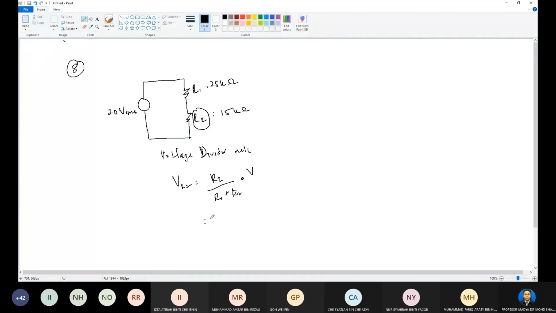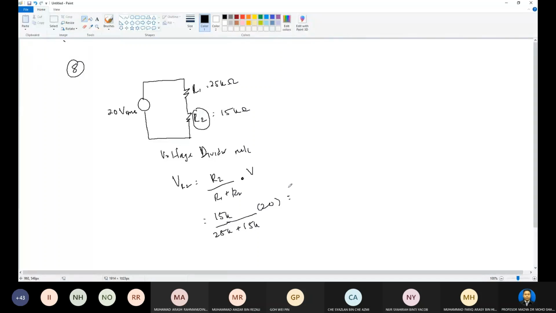So that means 15 kilo over 25 plus 15K. Any question? All right, so multiply by 20.